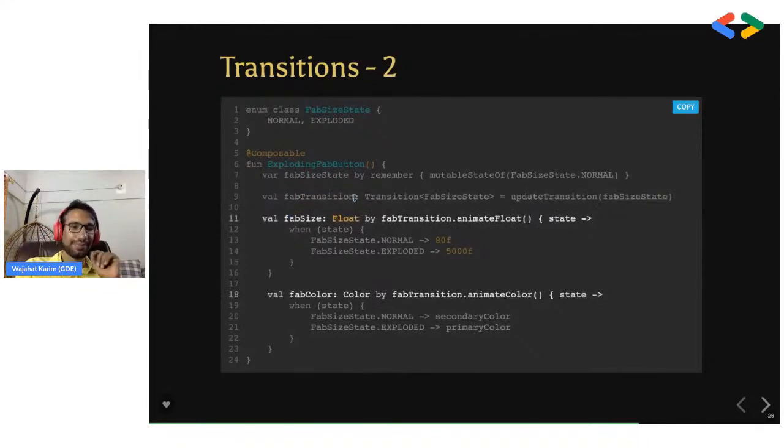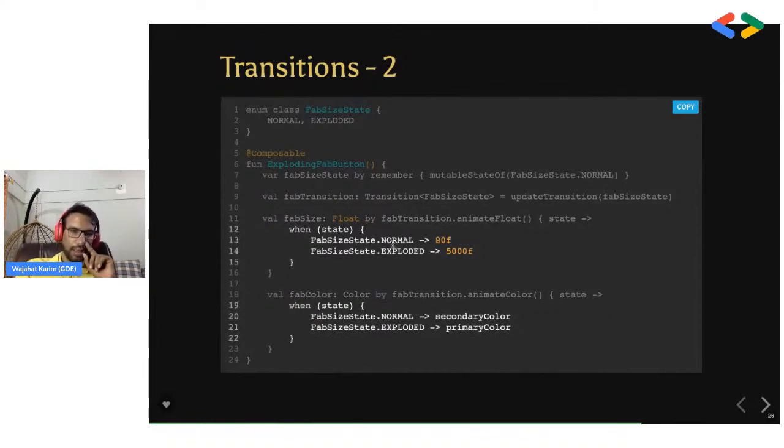So let's see. First thing I do is fabTransition.animateFloat, for my size. I define two states. When this is normal, let's make the size 80. When this is exploded, let's make the size 5,000. Similarly, I do the same for animateColor.